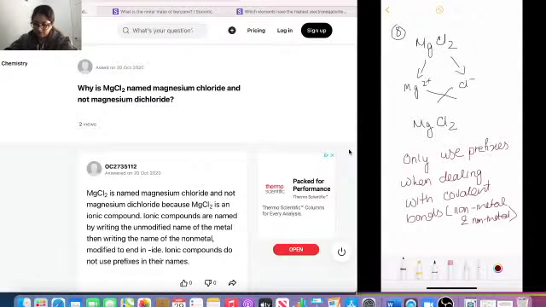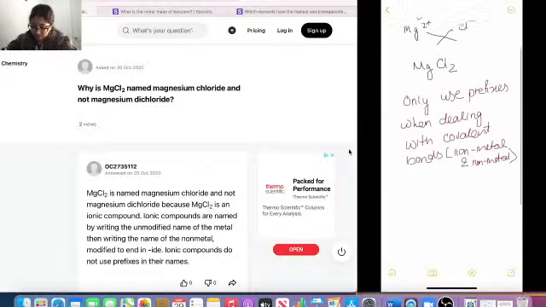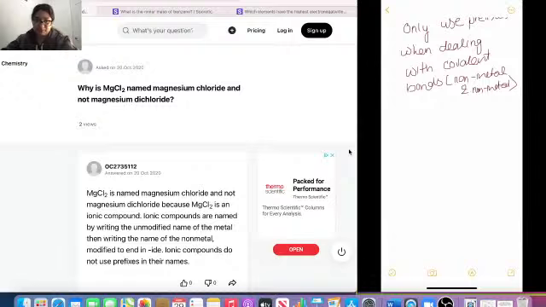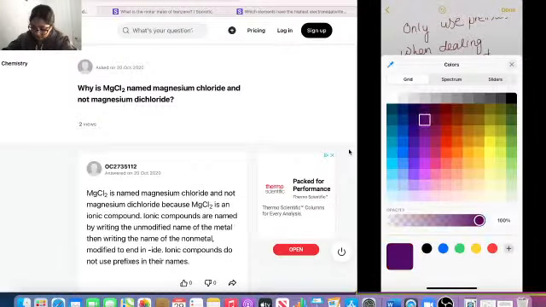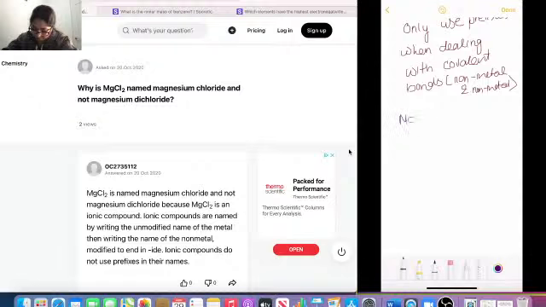From here you can distinguish why it is magnesium chloride: magnesium chloride is an ionic compound.